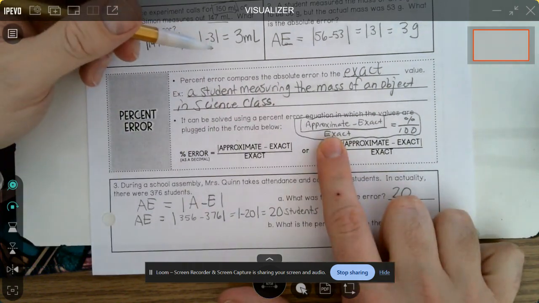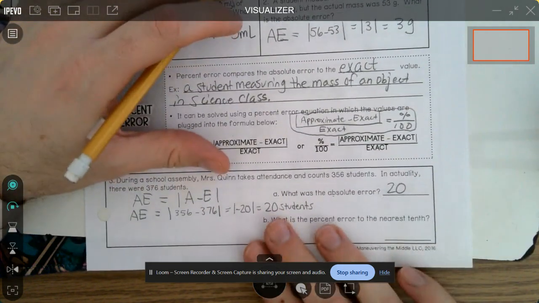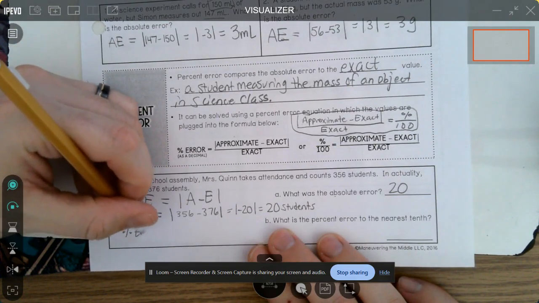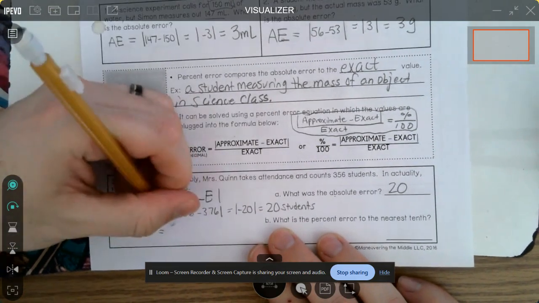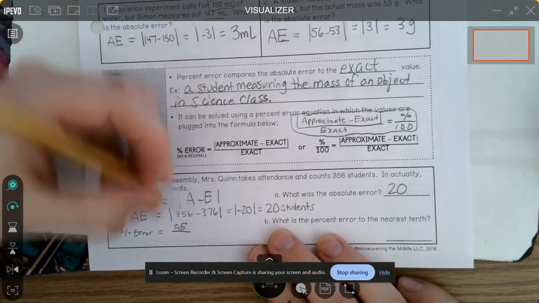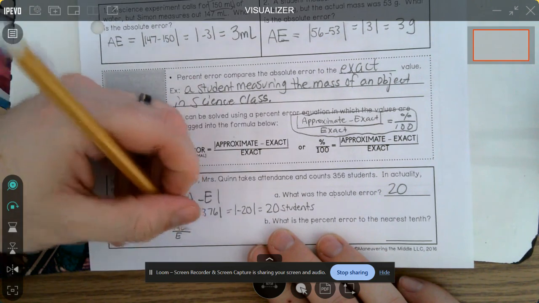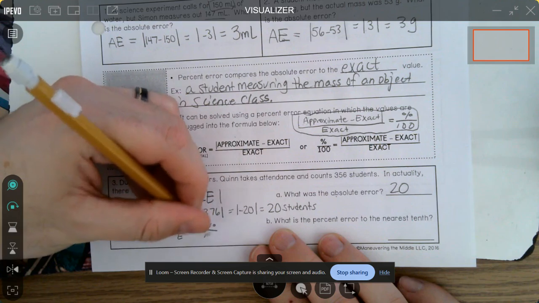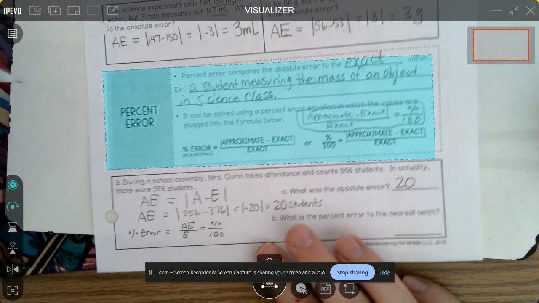Now we need to use our proportion to find our percent error. So our percent error, we'll do this one together, equals the absolute error divided by exact, and that's equal to percent over 100. We're going to use this proportion to solve.